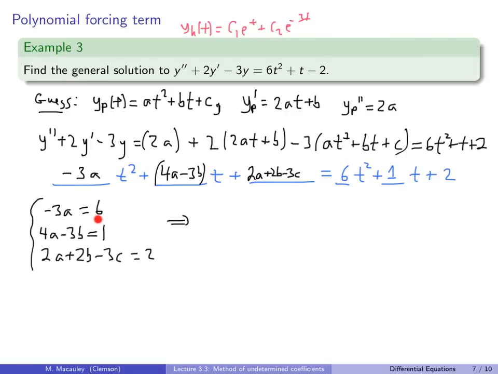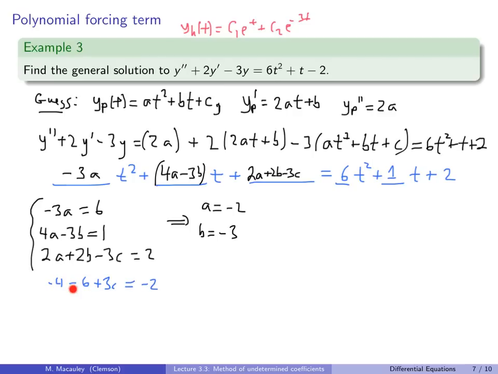A equals negative 2. We can solve that right away. So if a equals negative 2, then this is negative 8. Add that onto that side, we get 9, and b is equal to negative 3. And then the last one, well, I can't quite do this in my head, so this last equation is going to be 2a is negative 4 plus 2b is minus 6 plus 3c equals negative 2.